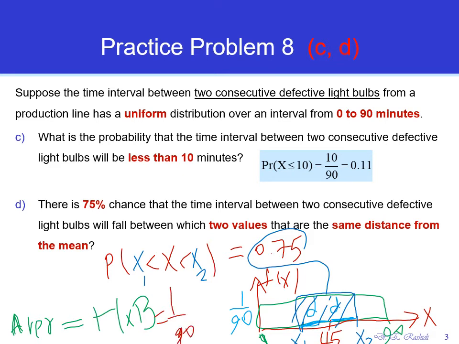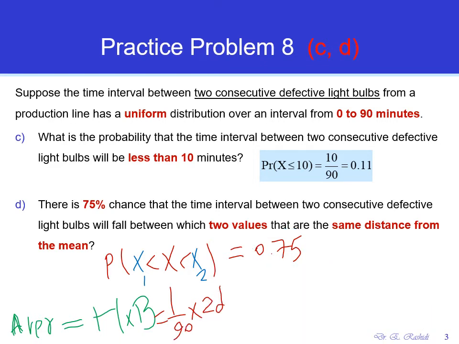What is the base? The base is d here and d here, so the base is 2d. We know this is equal to 75%. With this, we can solve for d, and d is equal to 33.75.